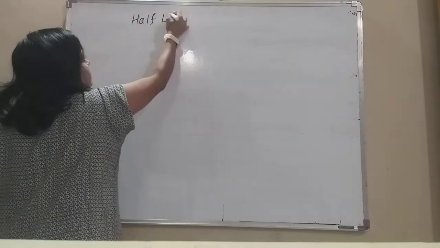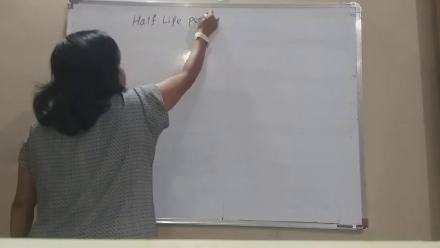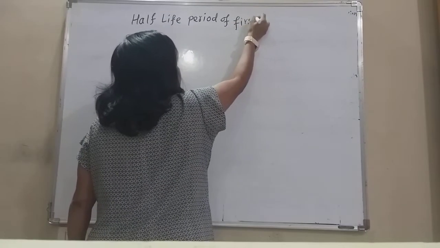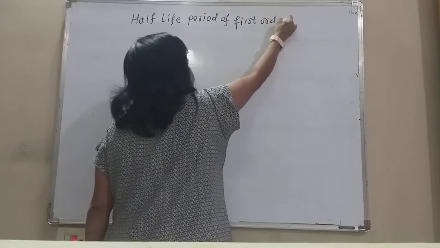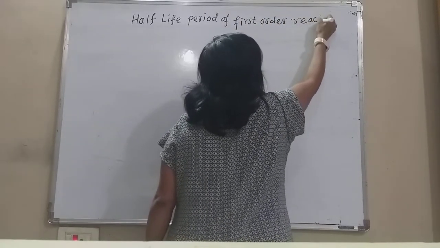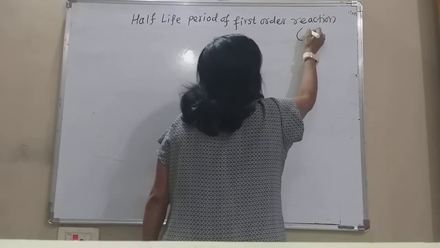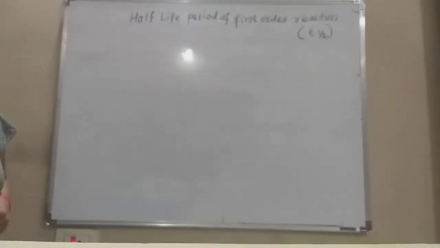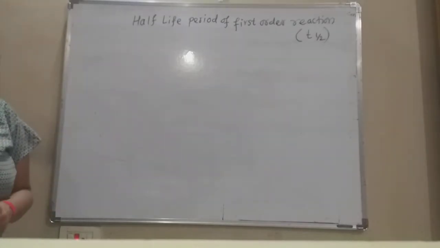Now this half-life period of a first order reaction is denoted by t half. It is represented by t half, and how is it calculated?